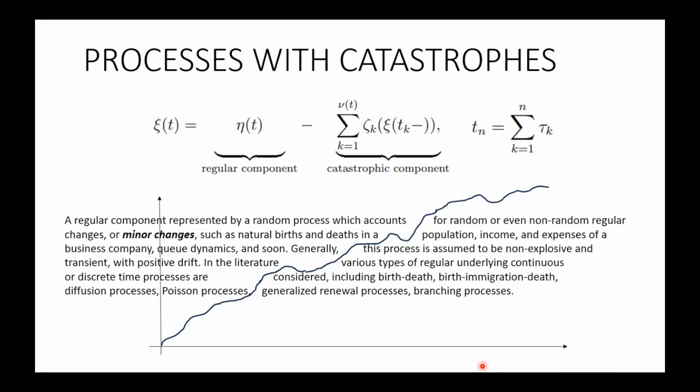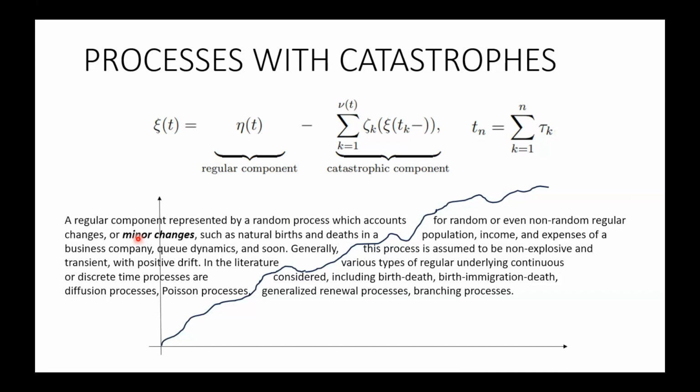The regular component, represented by a random process, accounts for random or even non-random regular changes, or we call them minor changes, such as natural birth and death in a population, income and expenses of a business company, and so on. Generally, this process is assumed to be non-explosive.